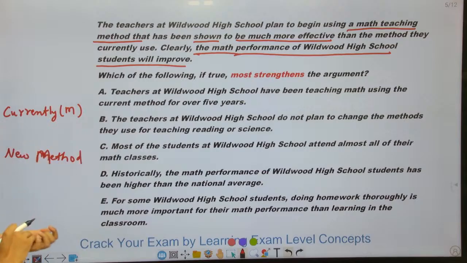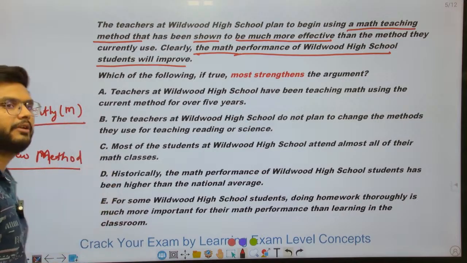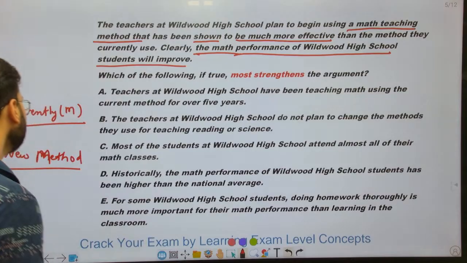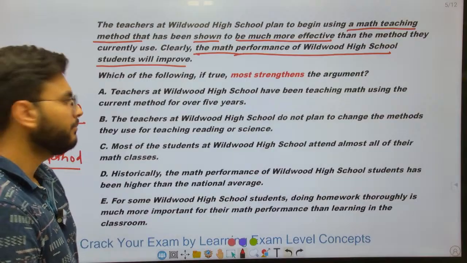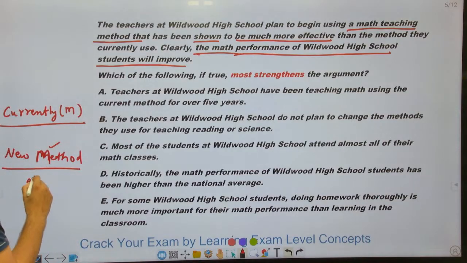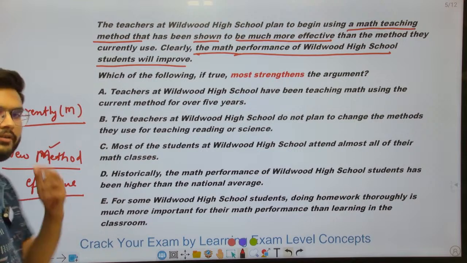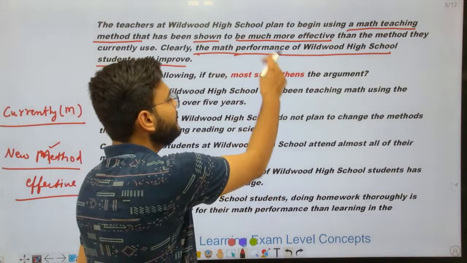What is the difference between these two methods? According to the author, if you use this new method, this method will be much more effective. Effective in what? Effective in increasing the math performance.